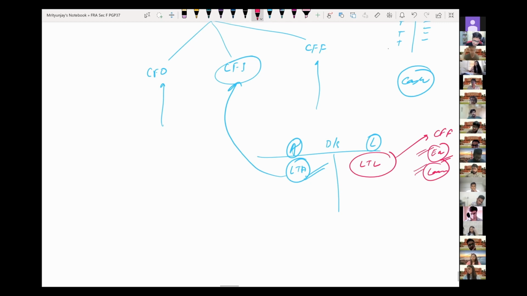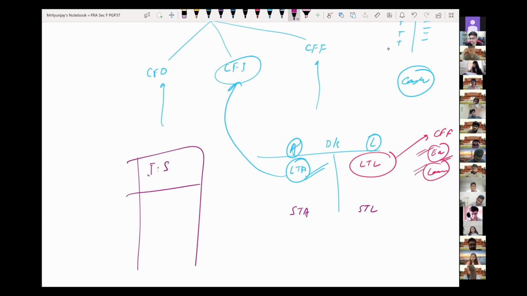Finally, we said that most of the items which appear in short-term assets and short-term liabilities, as well as most of the items in the income statement, belong to our CFO. In this, we started looking at some exceptions. In general, all of these belong to CFO, but there are certain exceptions. In the last class, we had seen some exceptions to short-term assets.